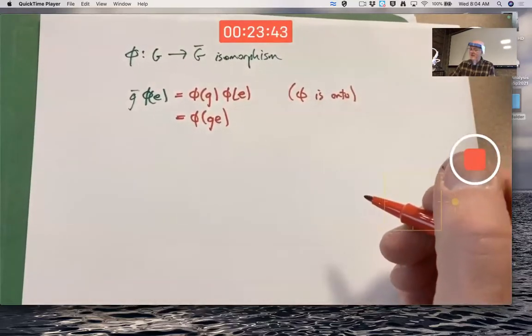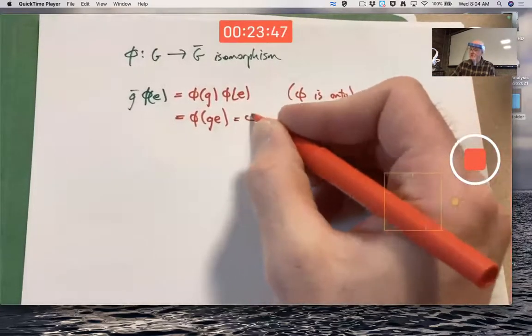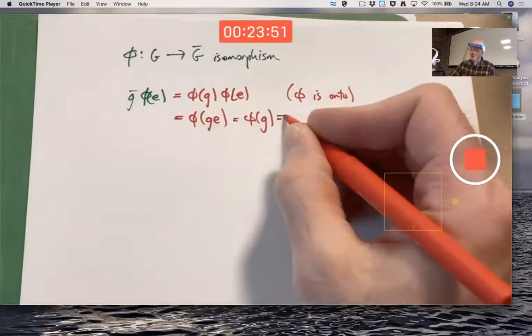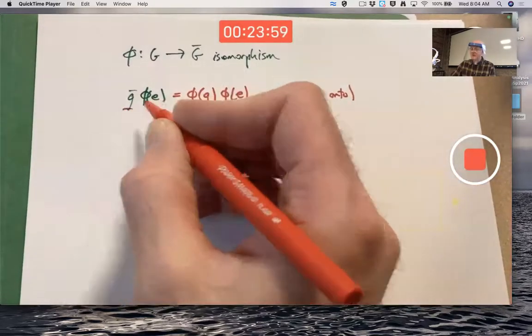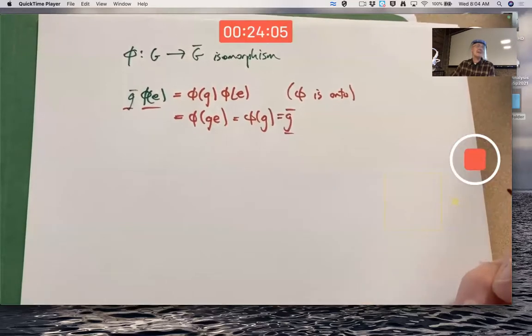But now, hey, wait a minute. E is the identity of G, and therefore this equals phi of g, which I've already said is equal to G bar. So now I have it. G bar times phi of E equals G bar. Phi of E is an identity, and in fact, you know the identities are unique.